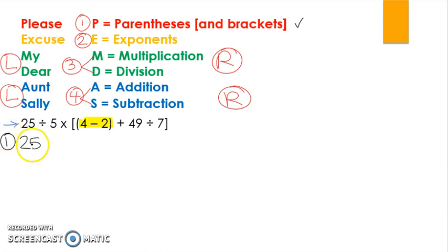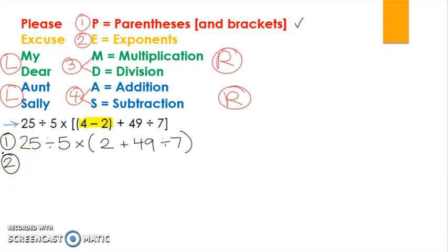And when we're solving in steps, we rewrite every portion of the expression. What is 4 minus 2? Correct. 4 minus 2 is 2. Plus 49 divided by 7. Now what should we do?